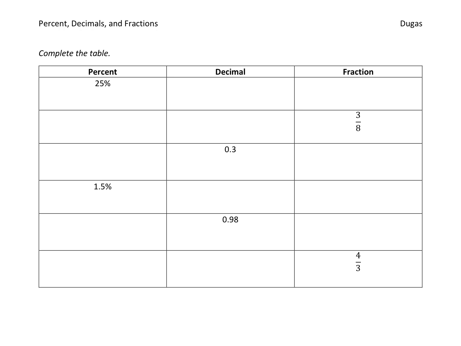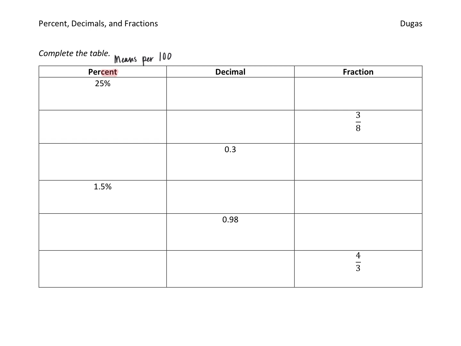So first of all, percent. Percent means per 100. If you think about cent, right? 1 cent is a penny, which is 100 pennies make a dollar. So it means per 100.